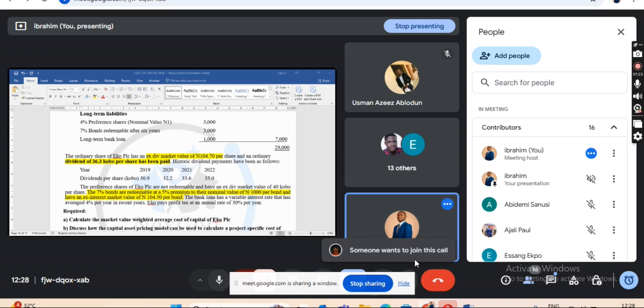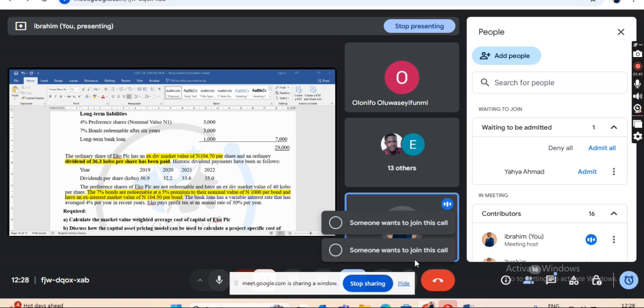Premium means it will be 5% above the 1,000. I explained in our last class that redeemable can be at premium, at par, or at discount.